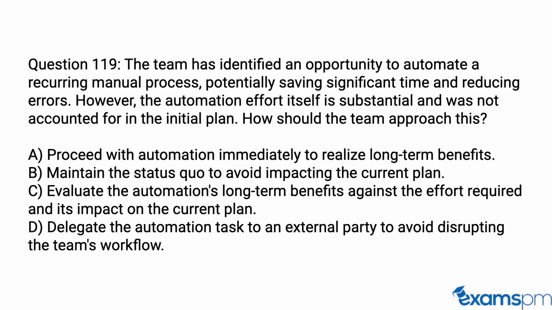B. Maintain the status quo to avoid impacting the current plan. C. Evaluate the automation's long-term benefits against the effort required and its impact on the current plan. D. Delegate the automation task to an external party to avoid disrupting the team's workflow.